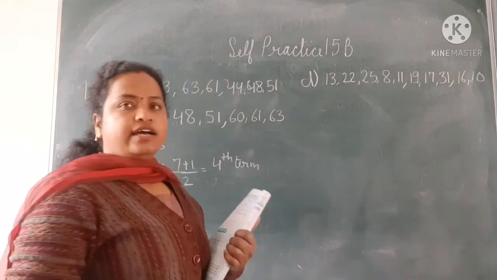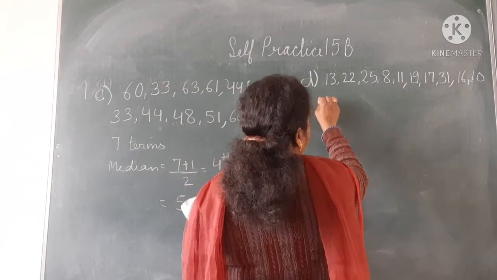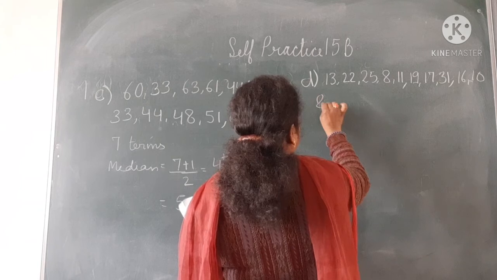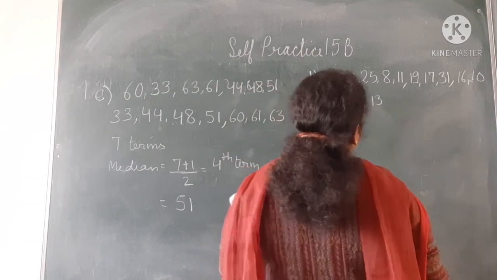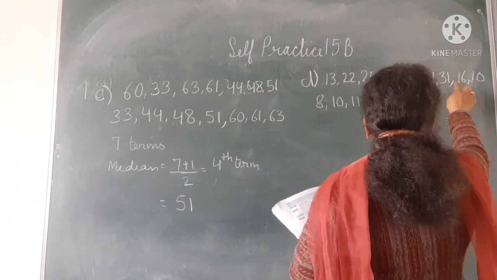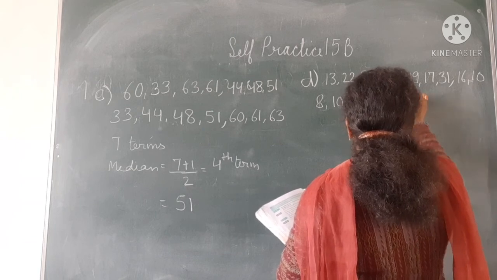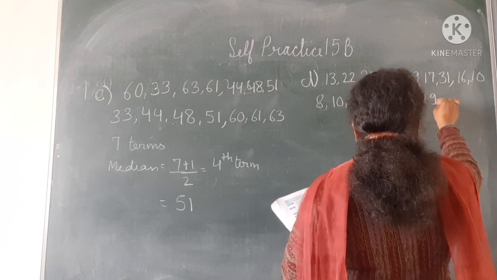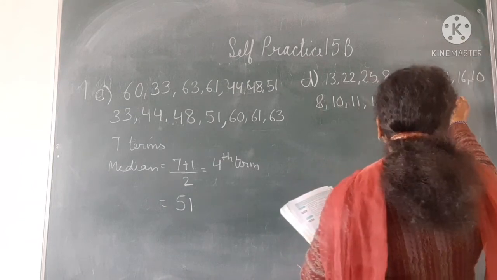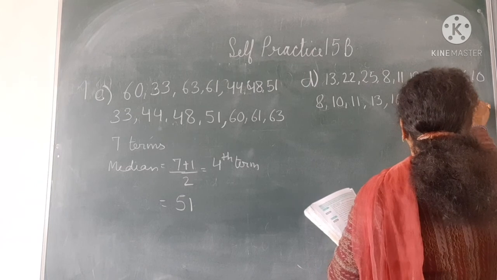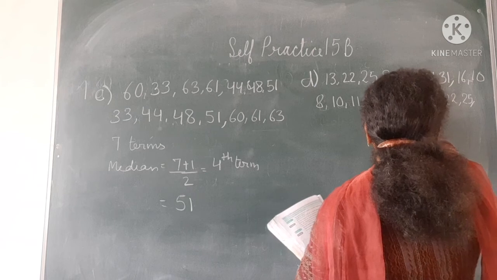These are ungrouped, so take them in ascending order: 8, 10, 11, 13, 16, 17, 19, 22, 25, 31.